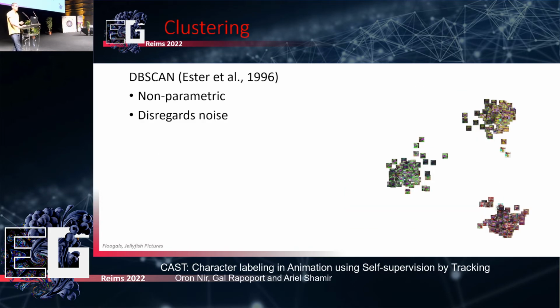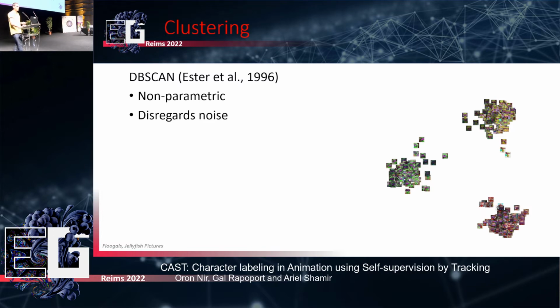Another component that we use in our applications is a clustering algorithm, where the clustering algorithm that worked best for us is DBSCAN, which is a non-parametric clustering algorithm that does not require the true number of characters in the video, in our case. And on top of that, usually videos tend to have a starring character and long-tail characters, where the star gets much higher frequency over different frames, and you have some characters that appear only for a few shots, for instance.